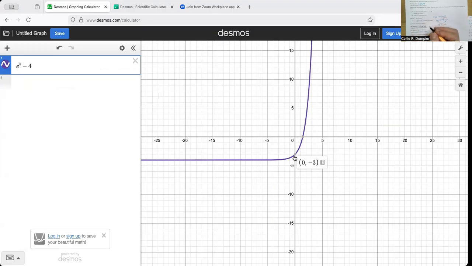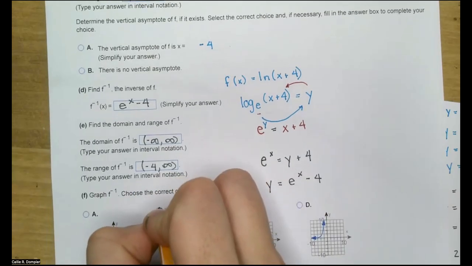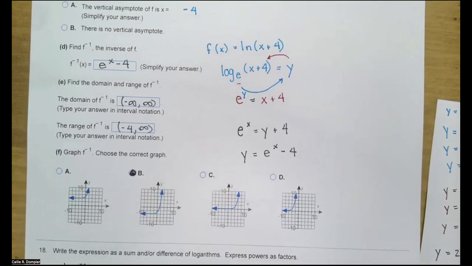The range is from, what is it approaching? It's approaching -4. -4 to infinity. And which one does this look like? This looks like B. Good? All right.